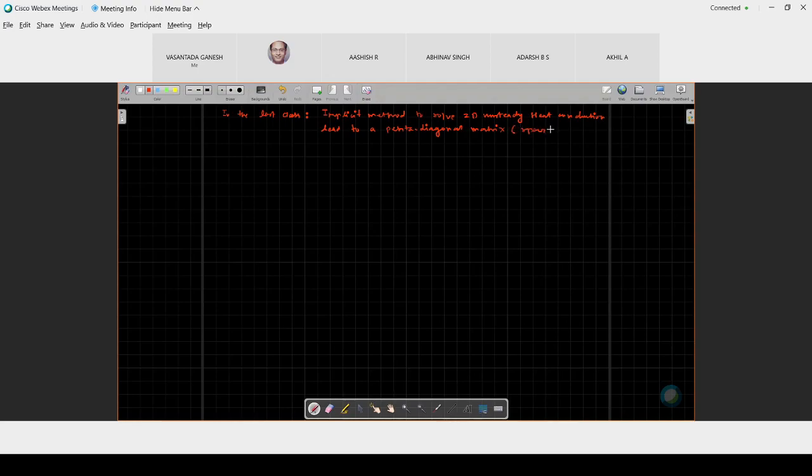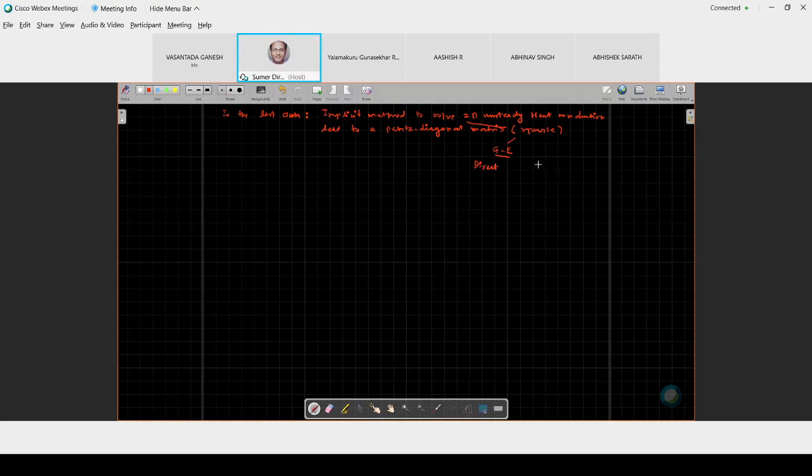Sparse means the other elements in between will be zeros, with only some terms present. So these are sparse matrices. And I have told you that in the case of this 2D problem, these sparse matrices are difficult to solve using what is generally called the Gaussian elimination method, which is a direct method.